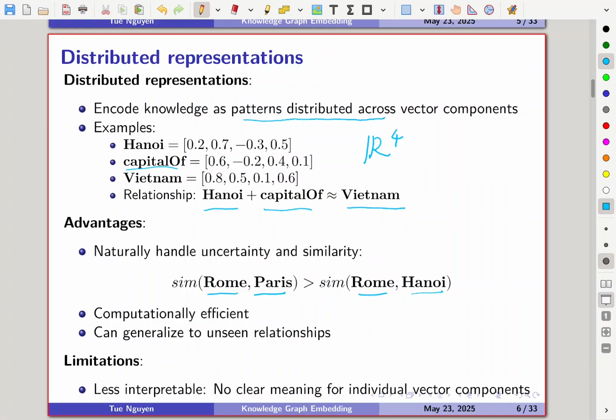However, the limitation is that it's less interpretable. You don't have any clear meaning for each individual vector component. So here, if I see Hanoi, the first component has a value of 0.2, I cannot assign any meaning to that component.